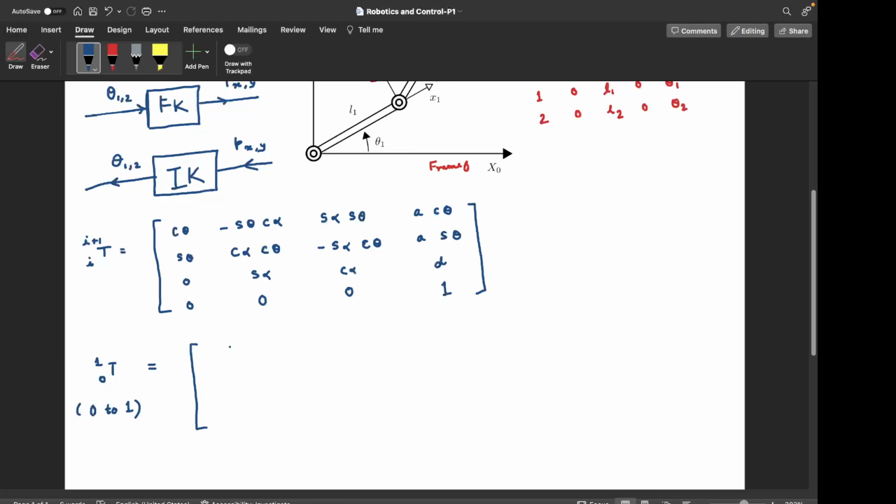So just substitute the values from the first row of the DH table and you will get, you can also do this parallelly on your notebooks, so that will give you a much better feel of the things if you wish.